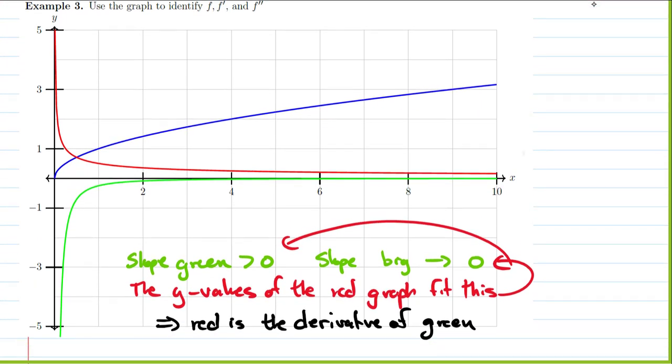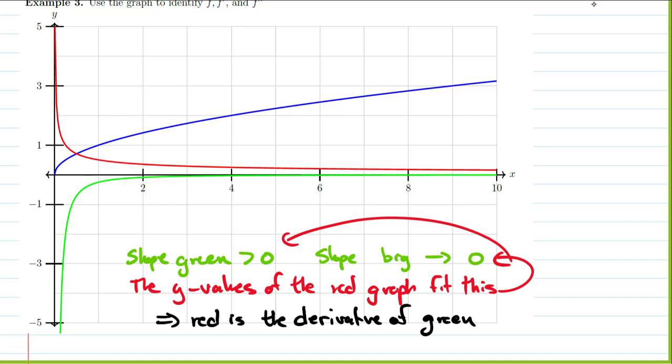So when we look at our red graph, what observation can we make about its slope? Decreasing. Yeah, the slope is always decreasing, right? Because it moves down as we go from left to right.